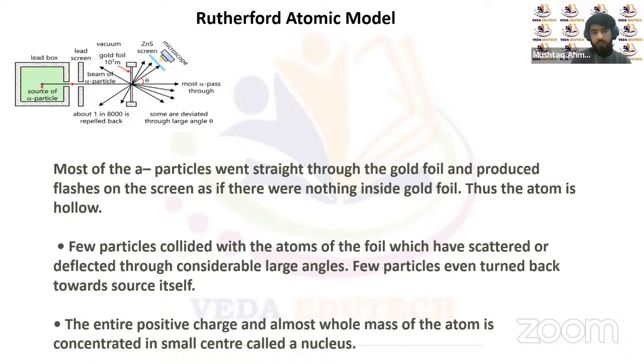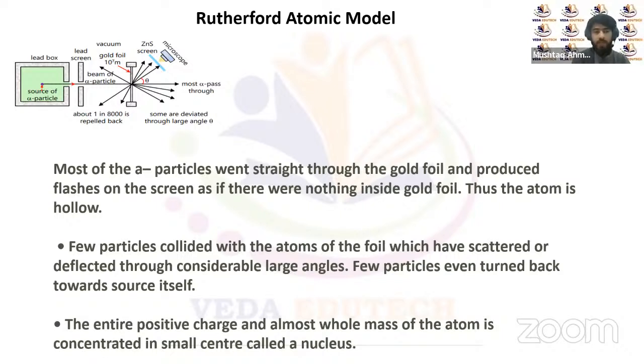It was an experimental setup where we have a lead box, and inside this lead box container we keep a source of alpha particles, like polonium. Polonium is an element which emits alpha particles. Let's suppose polonium has been kept inside this lead box.